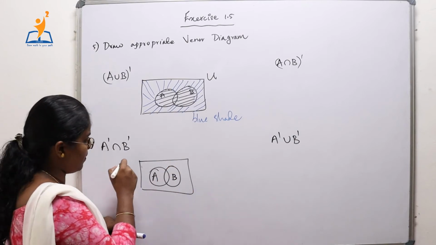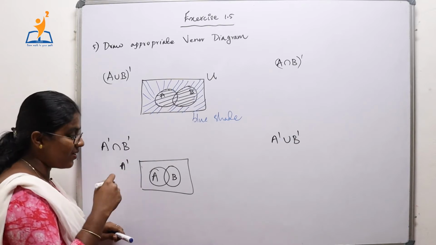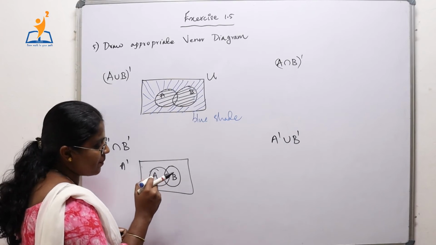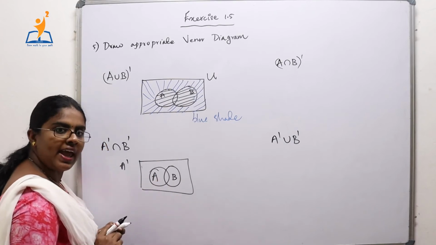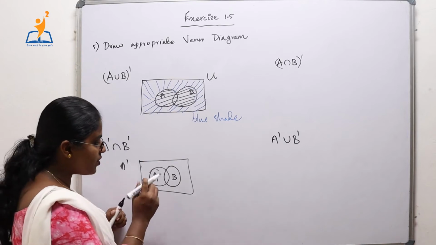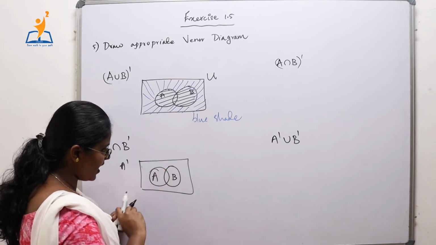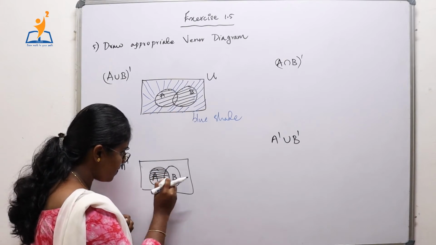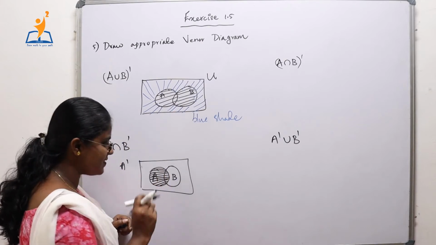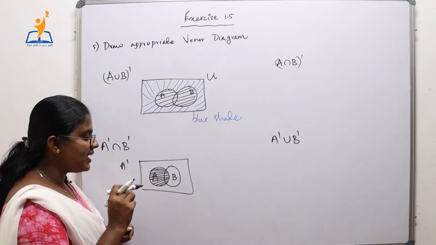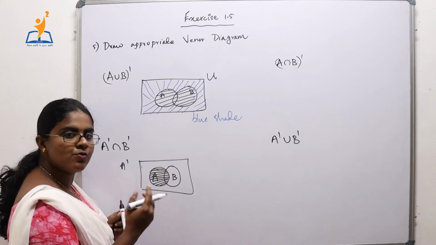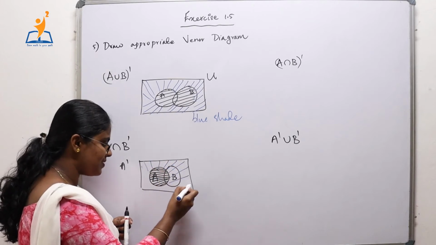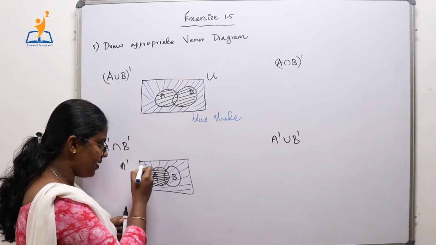A complement is simply something which is not A. So we want to delete A. This shaded region is A. We want to delete A from this set, and that is A complement. So the shaded region with blue is A complement.